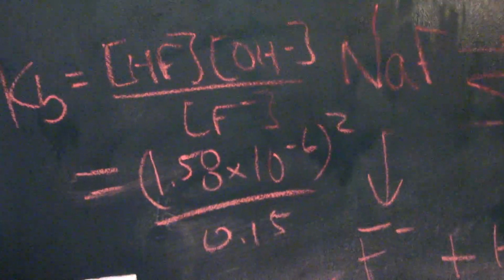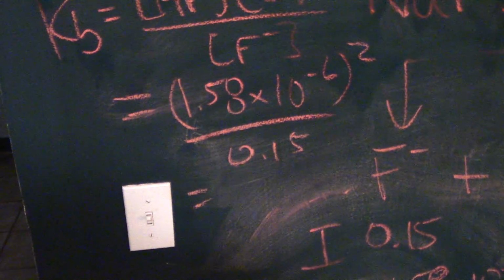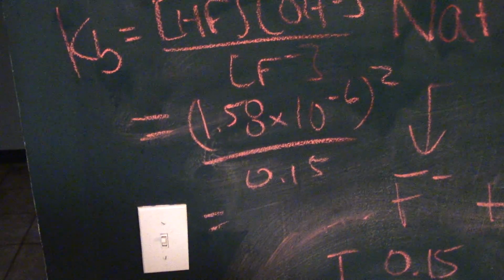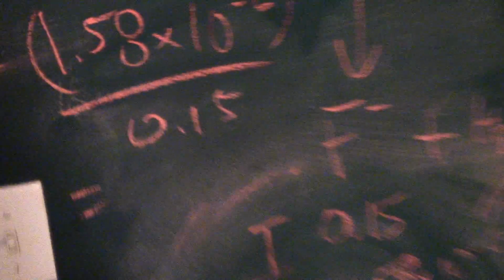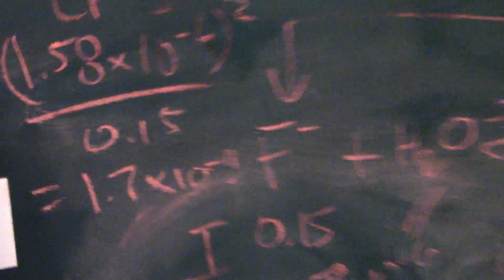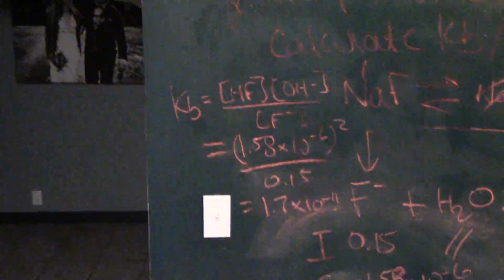So my KB value ends up being 1.7 times 10 to the -11 when I solve for that. Okay, so there's my KB, my percent ionization.